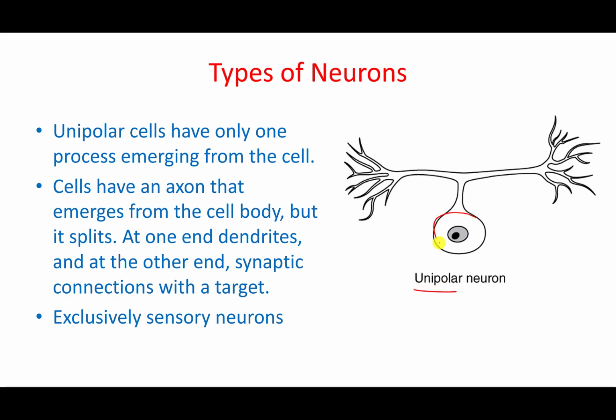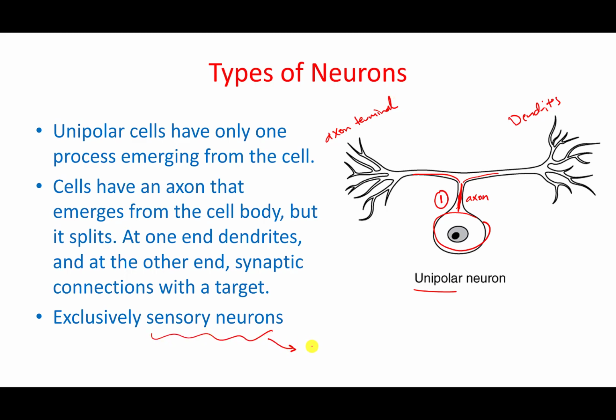We have a cell body, and there is only one extension from the cell body. So this is the axon, and this axon is kind of like a branch. One side is the dendrites, and the other side is the axon terminal. All of these are sensory neurons.